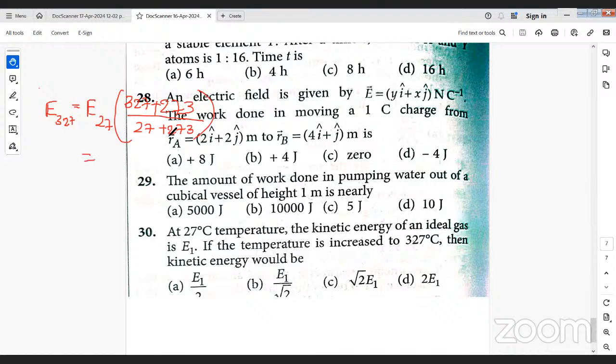So this becomes 2 into E27. Therefore this is nothing but 2 into E1. Option D is the correct answer. As they are directly proportional, we can just convert into Kelvin and take the ratio of the values. That's it.